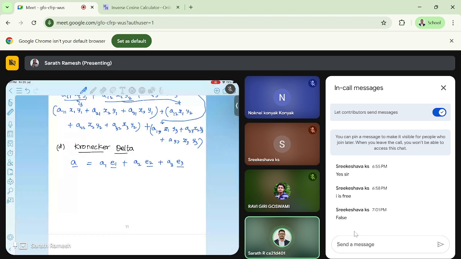So if I have a vector like this, can someone tell how I can simplify this using Einstein summation, this indicial notation? How can I write this vector using indicial notation? Can someone just make a try, unmute and try?